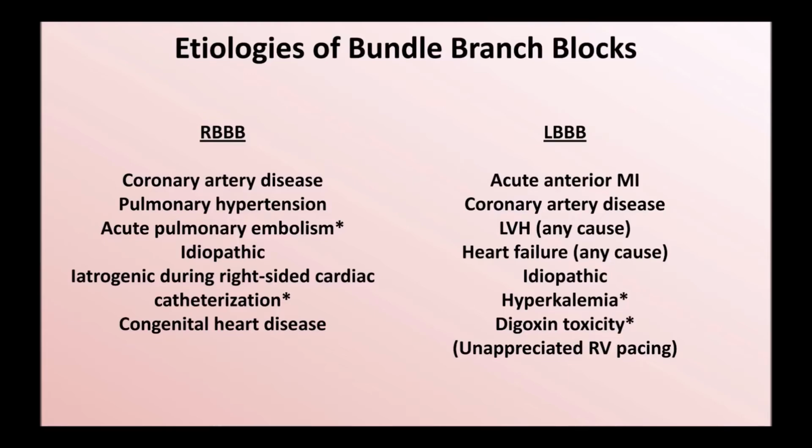They can also be idiopathic, or due to hyperkalemia, digoxin toxicity, or unappreciated artificial RV pacing, the last of which isn't truly a left bundle branch block, but which will have an identical appearance to this. Those etiologies which are starred are reversible, and this list is certainly by no means exhaustive.